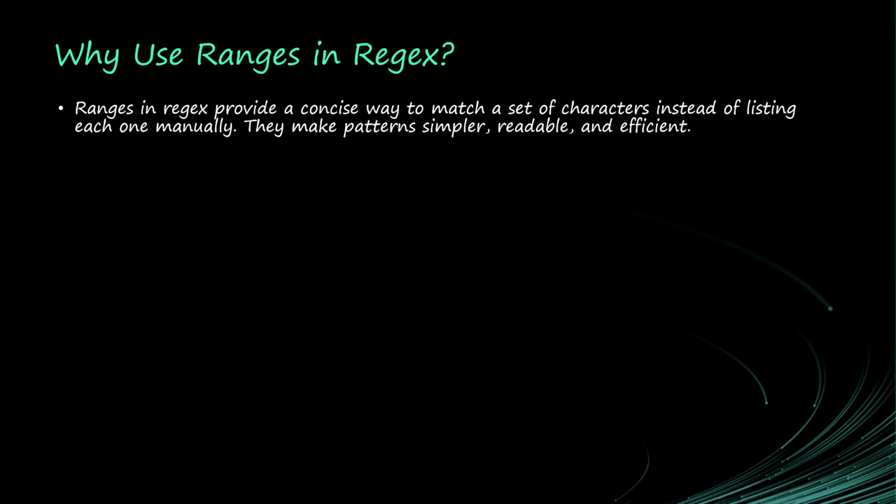Let's say I want to search for A to E. Instead of typing, I'm matching A, I'm matching B, I'm matching C, I'm matching E, I will provide a set of characters between A and E. So that is why you need ranges, instead of bringing it out one by one. You can actually match a range. They make patterns simpler, readable, and more efficient.